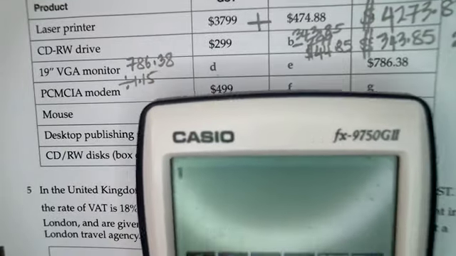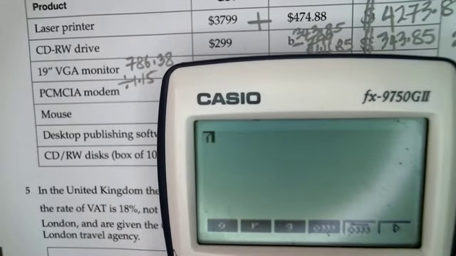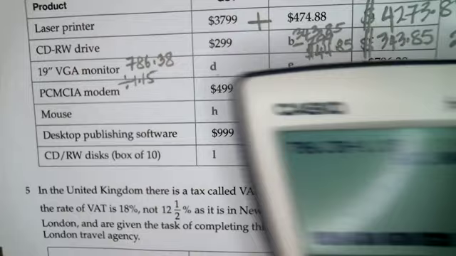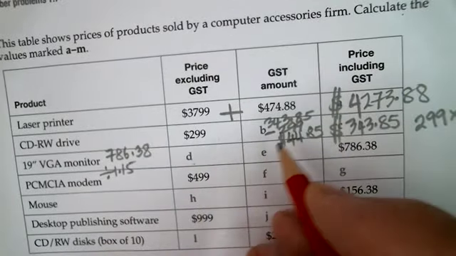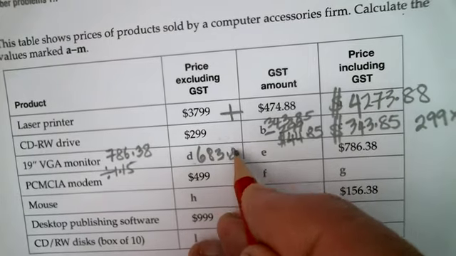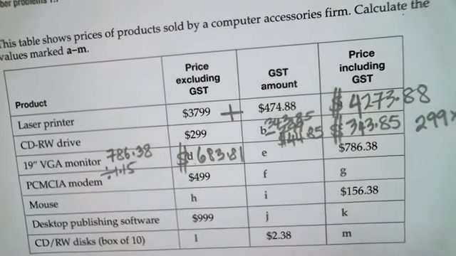We've got 786.38. We're going to divide by 1.15, and that gives us 683.81. So it's going to give $683.81. So there's my dollar sign.